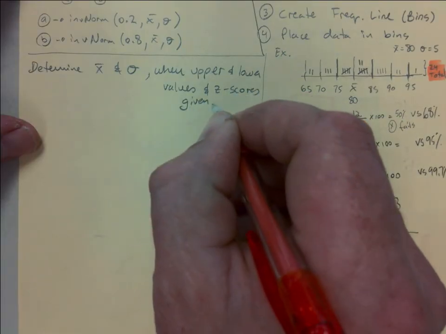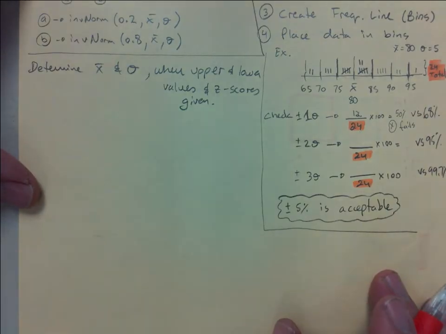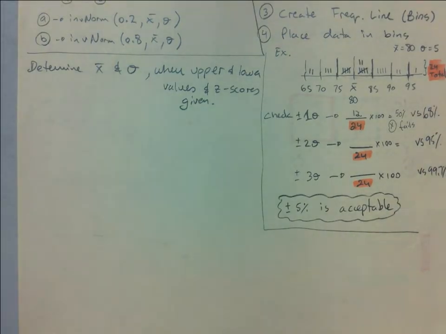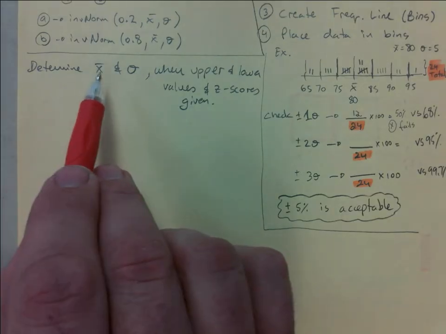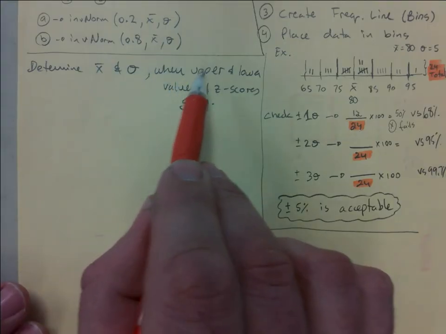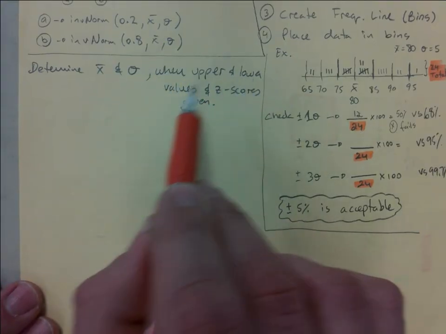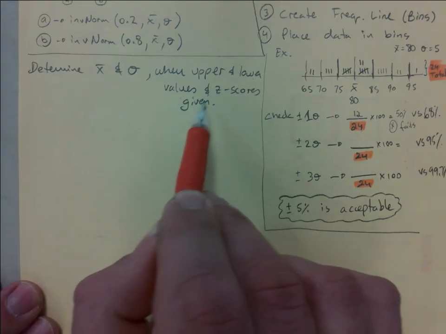I don't know, this is probably not the best title I can think of, but I'm trying to not make it too short that you don't know what you're doing. So, determine the mean and the standard deviation when upper and lower values and their z-scores are given.